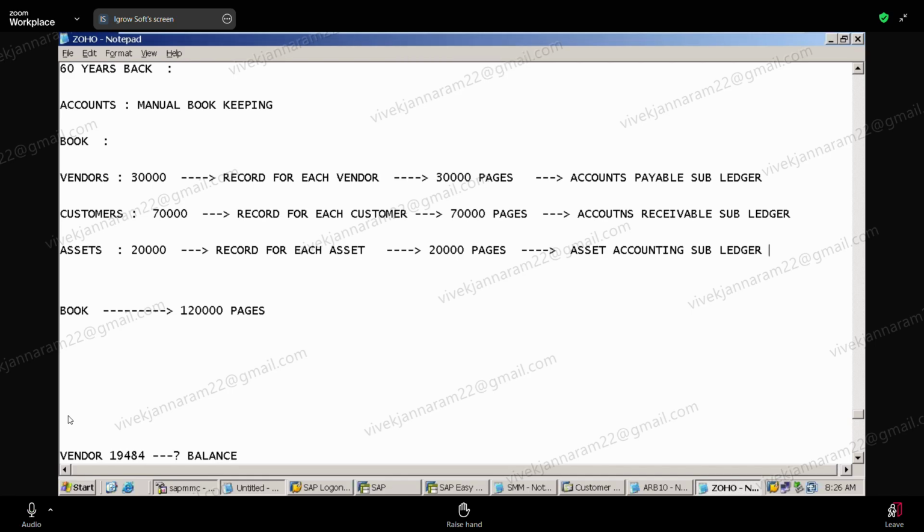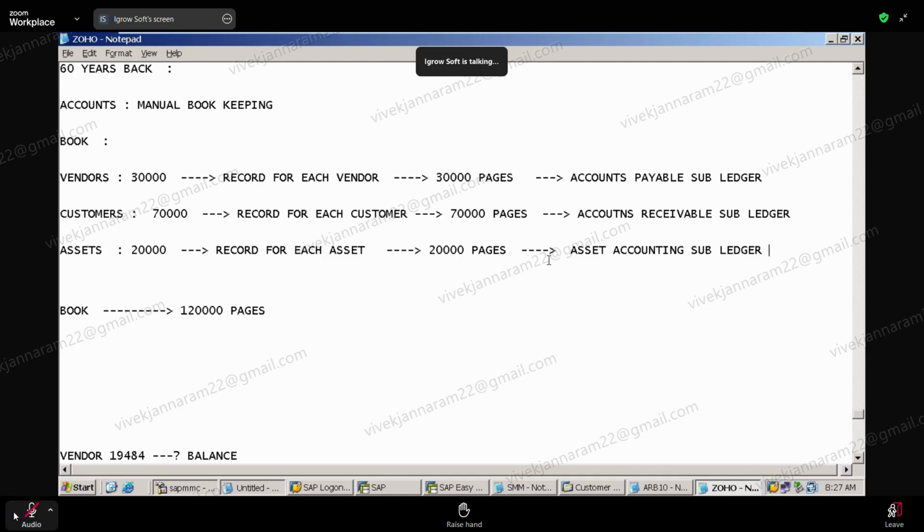That's how they have made their life easier. Small books. Got it? Okay? Instead of maintaining everything in one book, it had become inconvenient, not possible to maintain so many pages. So they decided to have small books. Correct? So payable separate, receivable separate, assets separate. Correct?